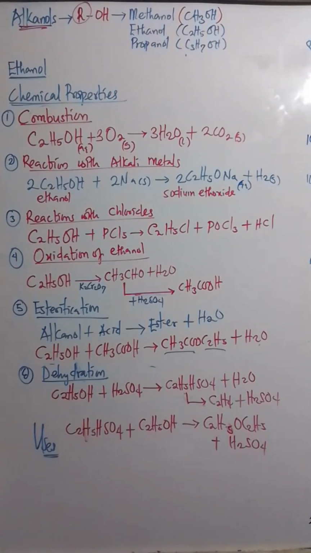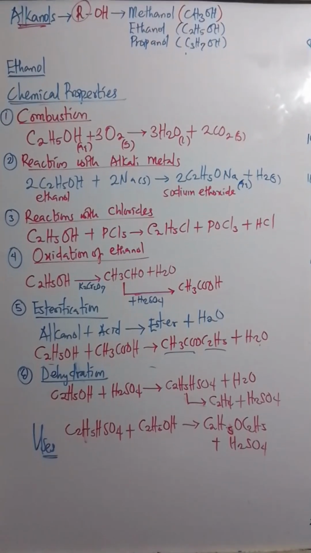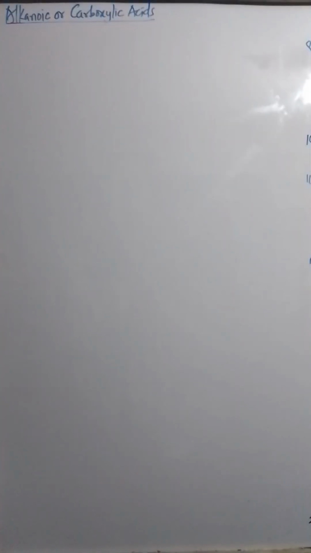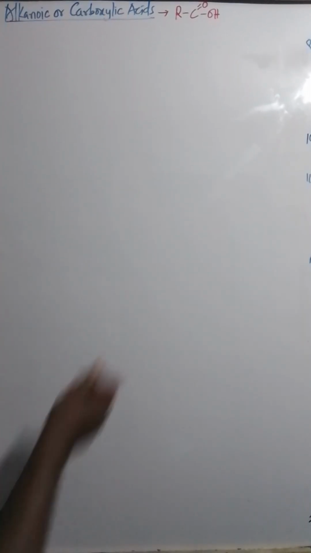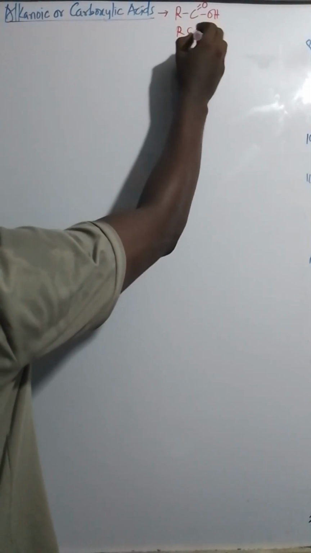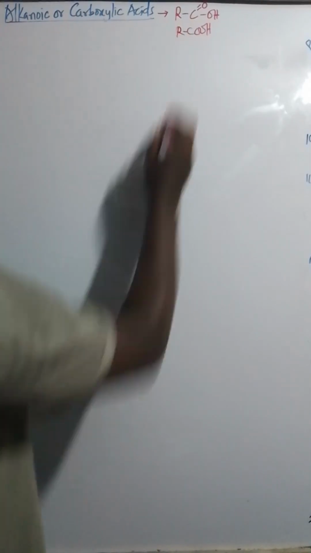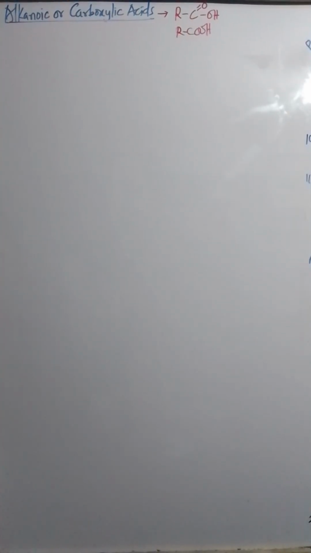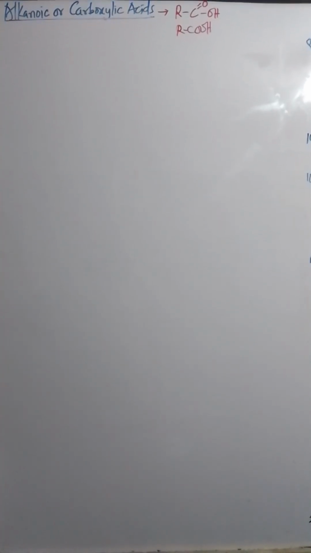So the next is going to be alkanoic acid, the carboxylic group or carboxylic acid. They have the general form RCOOH. So go back to the first lecture, examples 19 to 22 under naming.